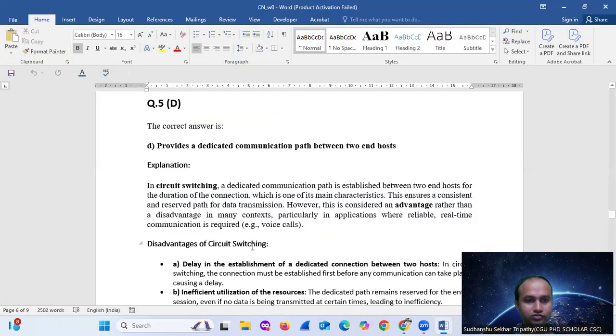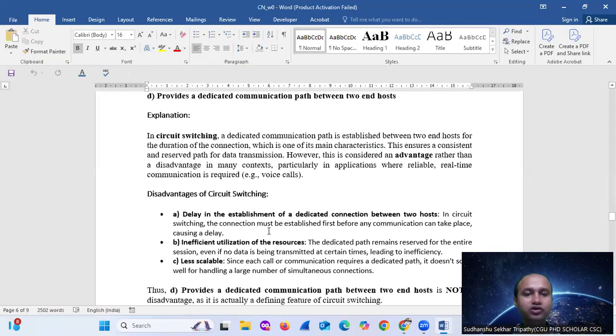So how is that, see, in circuit switching a dedicated path is established between two end hosts for the duration of the connection, which is one of its main characteristics. So this ensures a consistent and reserved path for the data transmission.